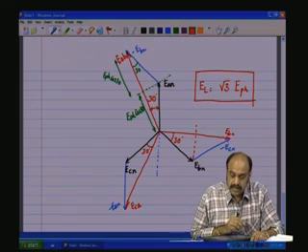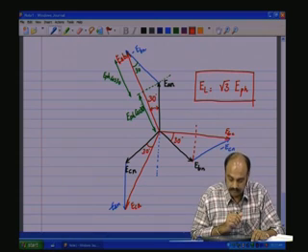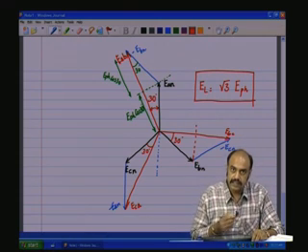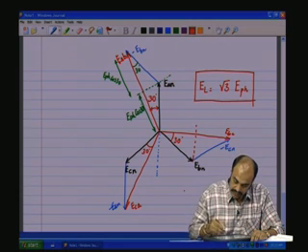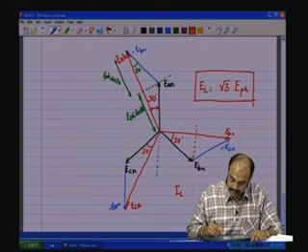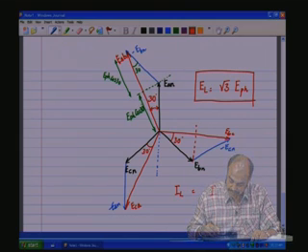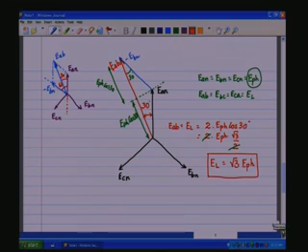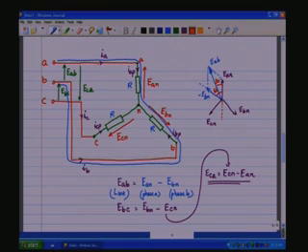Now, in the case of the star circuit, we are discussing the star circuit. What is the relationship between the line currents and the phase currents? So, likewise, let us give similar symbols for the line currents. IL is the line current and I phase is the phase current, and we have the line current equaling the phase current, because in the case of the star circuit we see that IA, the line current, is the same current that flows through the phase circuit.